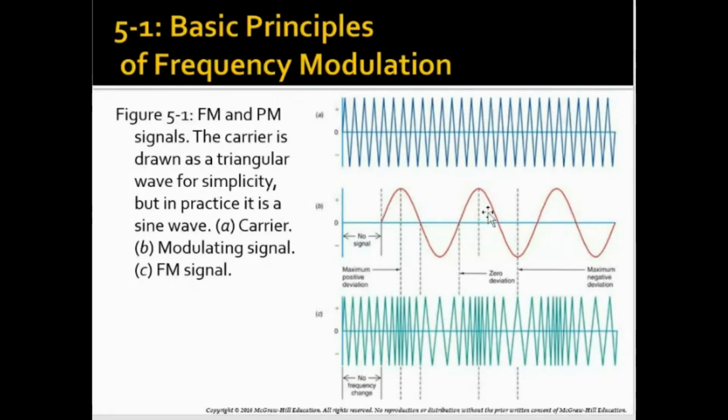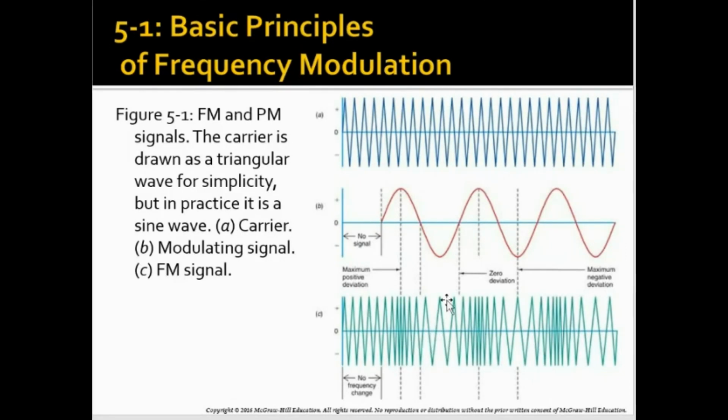If you follow, you can see that where the modulating signal goes to the peak amplitude, the frequency of the modulated signal is the highest, and at the minimum peak of your modulating signal, the frequency of the modulated signal is the minimum. So that is how frequency modulation works.